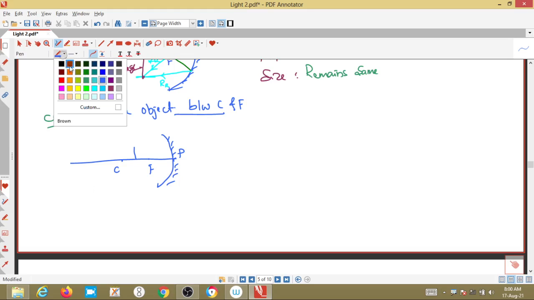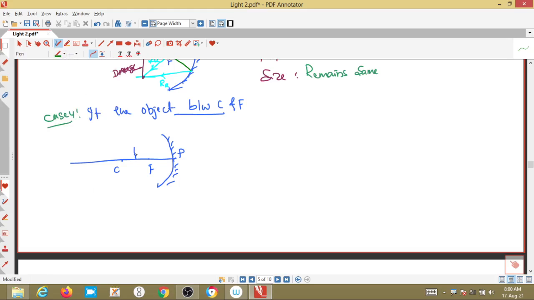Now we will draw the ray diagram for this. First I will take one point at the top. This ray is parallel to the principal axis. This is the incident ray.